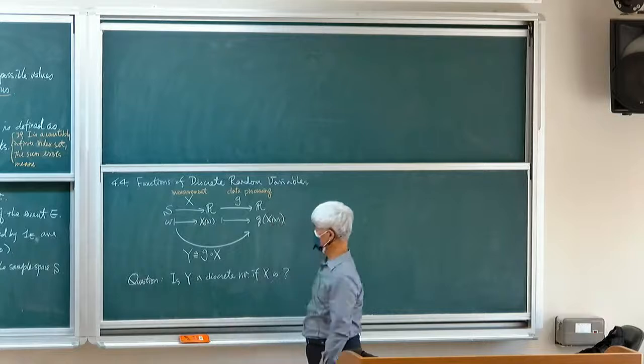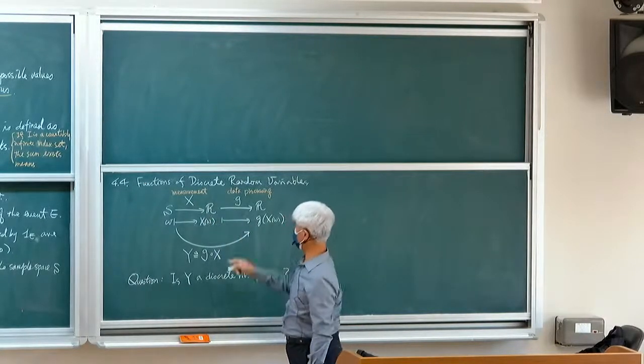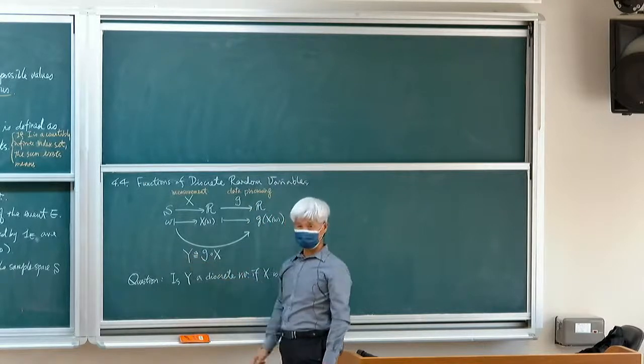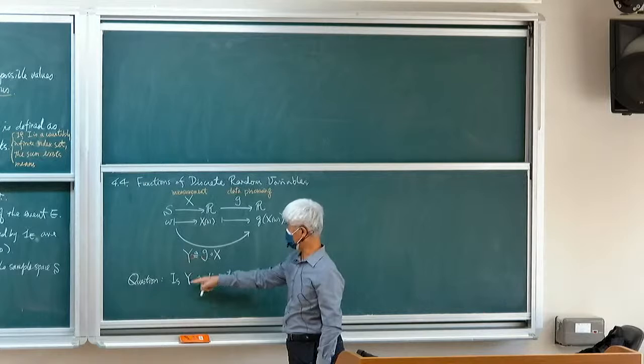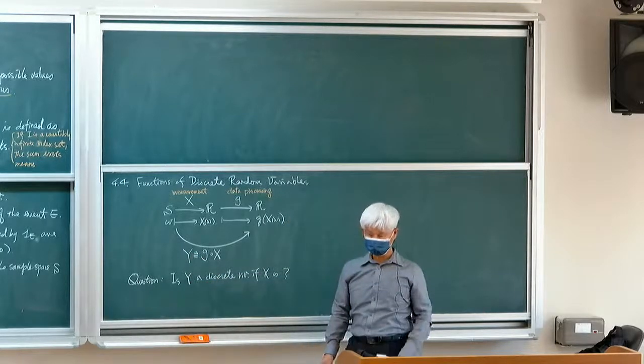So our question is that x is a discrete random variable, and after a data processing function, we get another function y. Is y a discrete random variable?